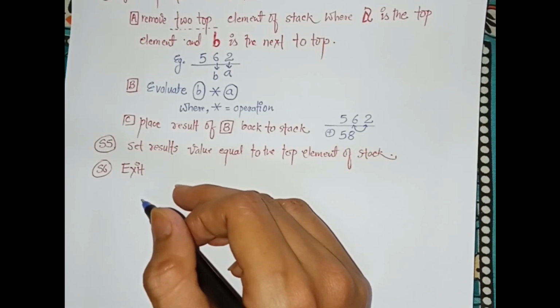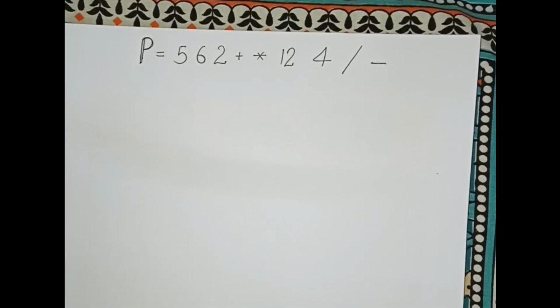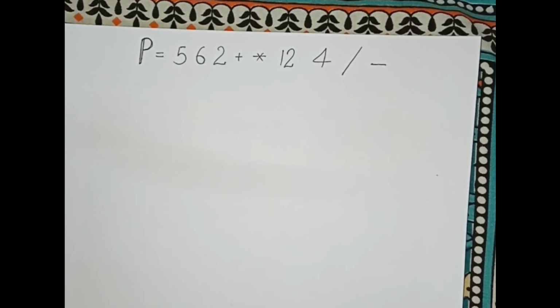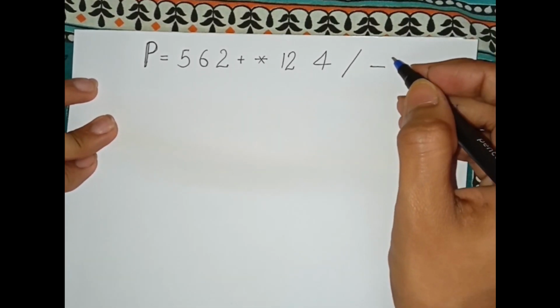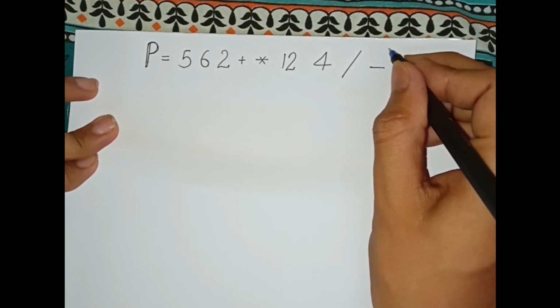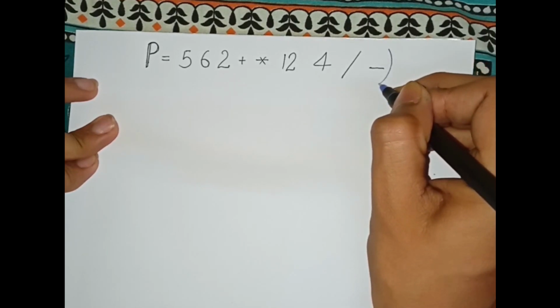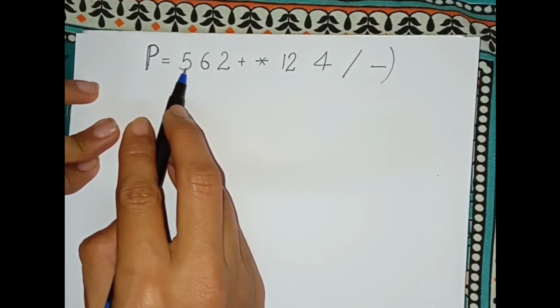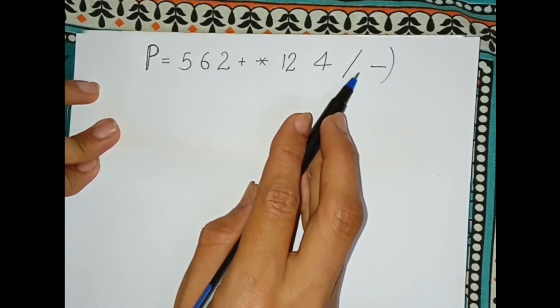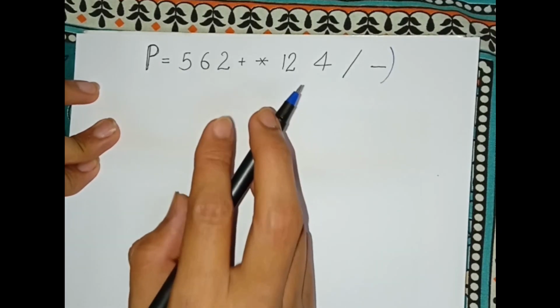Let's see this whole algorithm through an example. Okay, so now we are provided with a P, that is a postfix notation: 5, 6, 2, plus, multiplication, 12, 4, division and minus. So just recall what the first step was. The very first step was to add a right parenthesis at the end of P. So we have done this, and now we will scan the elements of P from left to right and follow steps 3 and 4.